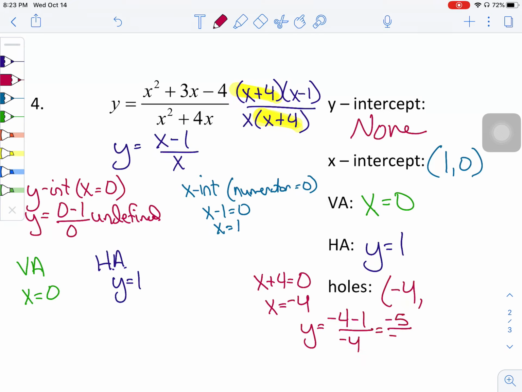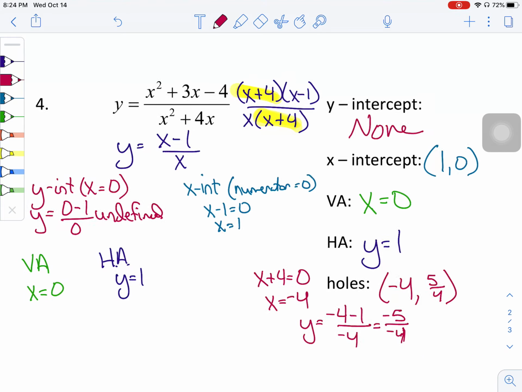So -5 over -4, which is just 5/4. For your ordered pairs, please put the ordered pairs as fractions if you need to. Use fractional values. But if you're having some issues trying to figure out where to graph them, feel free to pitch them into your calculator and get a decimal value, so it's easier to graph it.